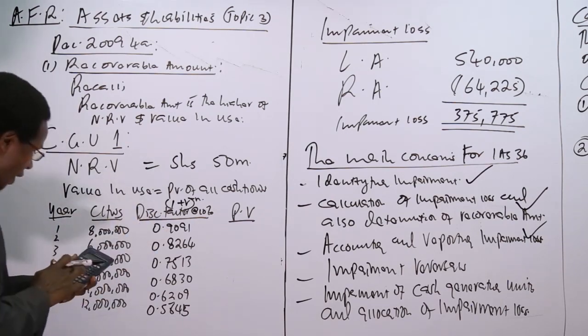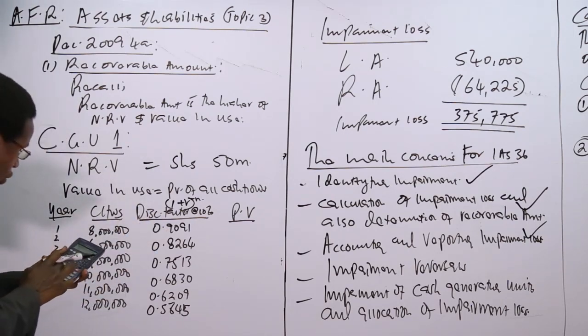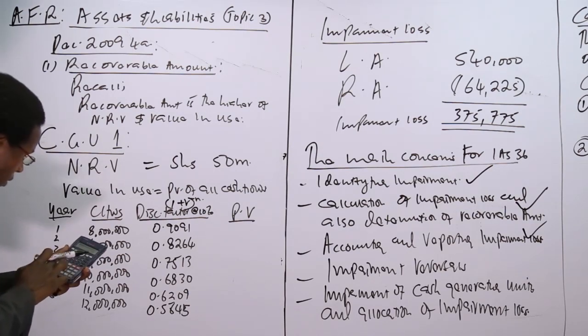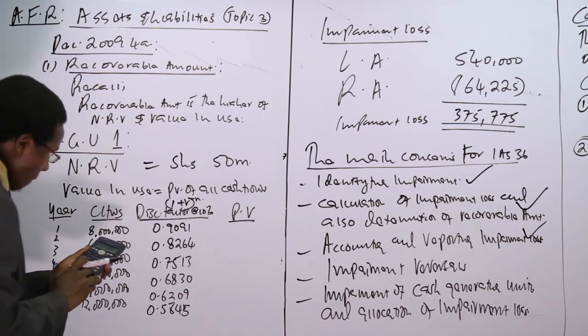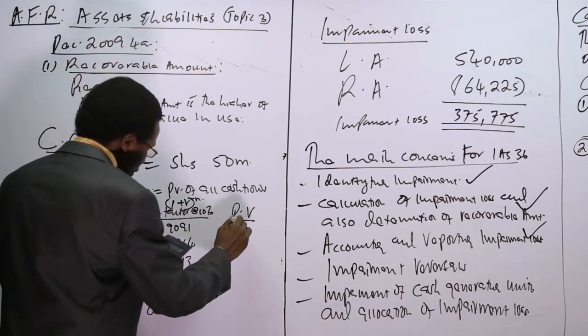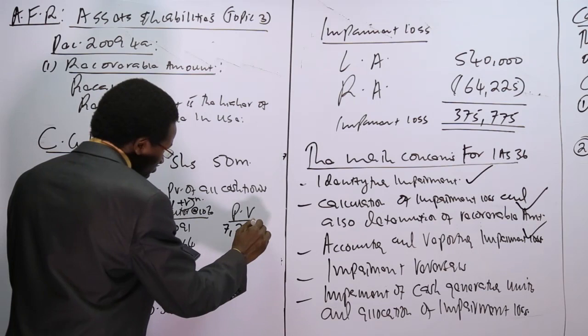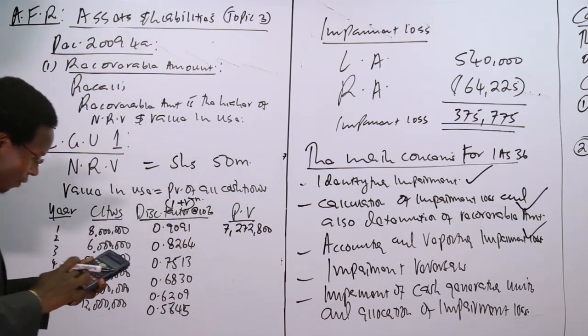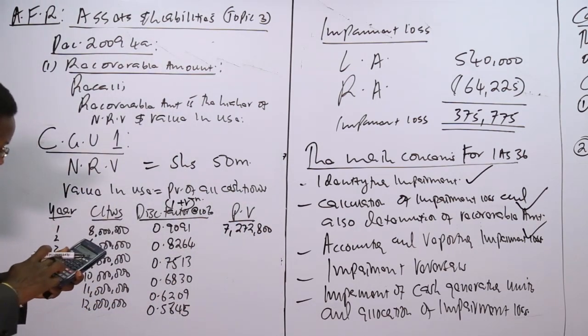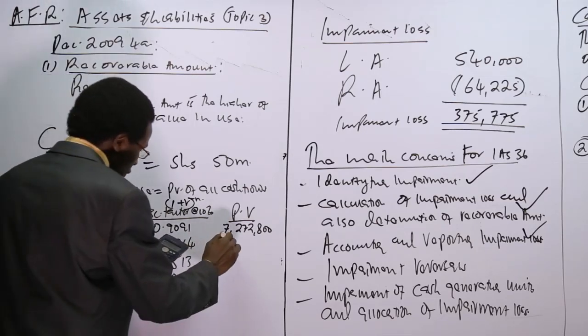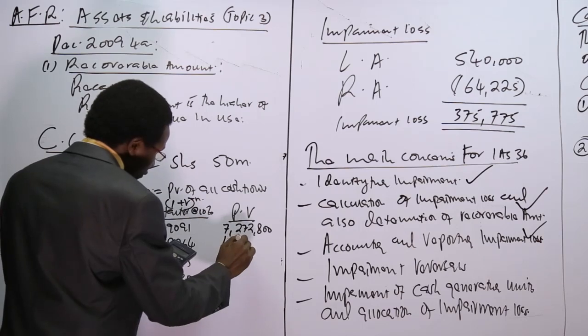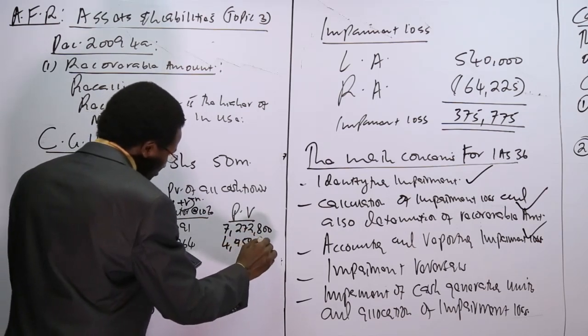So we calculate that. We say 8 million by 0.9091 gives 7,272,800. Then 6 million by 0.8264 gives 4,958,400.